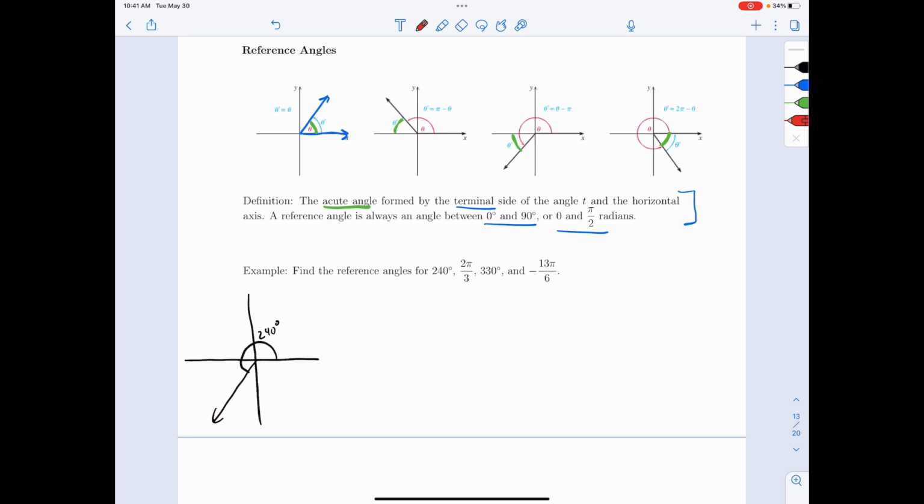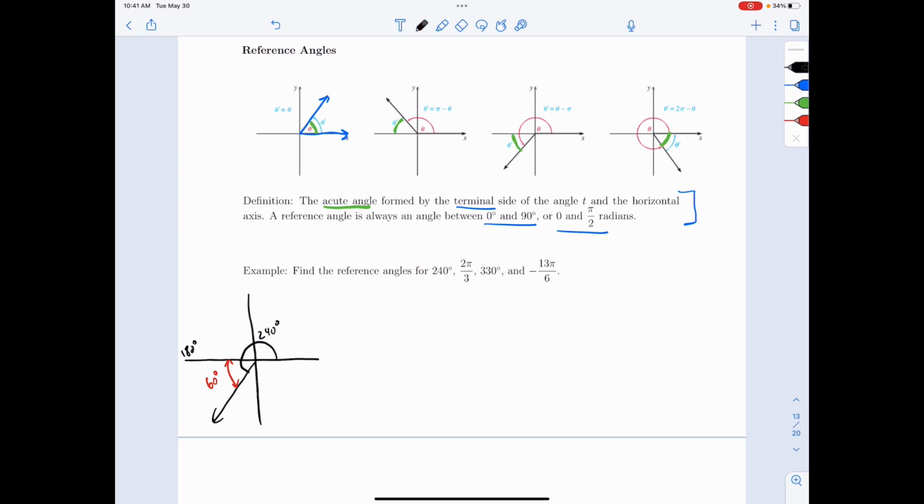The reference angle is the acute angle that gets us back to the x-axis. That angle I drew in red is the reference angle. Halfway around the circle is 180 degrees, and this entire angle that I drew is 240, so the reference angle here is 60 degrees.